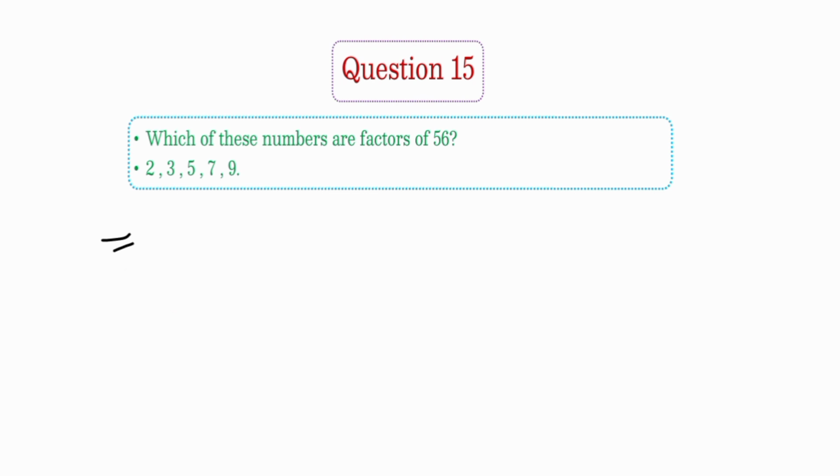So the answer is 2 and 7 only. These are the only two factors of 56. Okay, let's move on to the next question. Question number 16. What percentage of 2 liters is 400 milliliters? Okay, let's work it out.